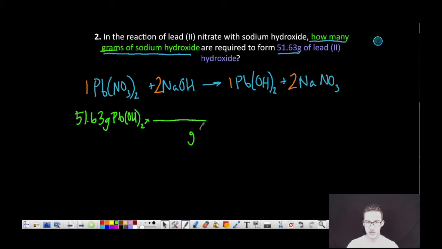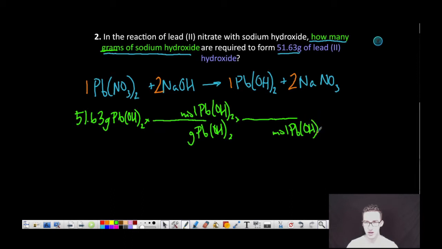So first we need to get rid of grams of lead 2 hydroxide, convert to moles of lead 2 hydroxide. From moles of lead 2 hydroxide, we can now compare to moles of sodium hydroxide. And then from moles of sodium hydroxide, we can go to our desired amount of grams of sodium hydroxide.